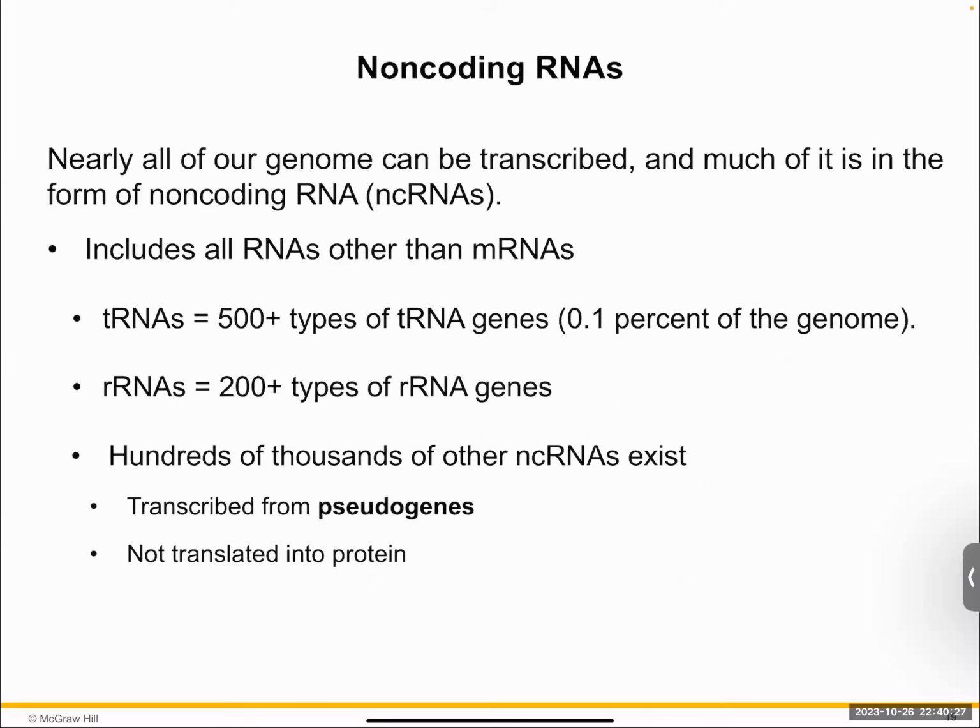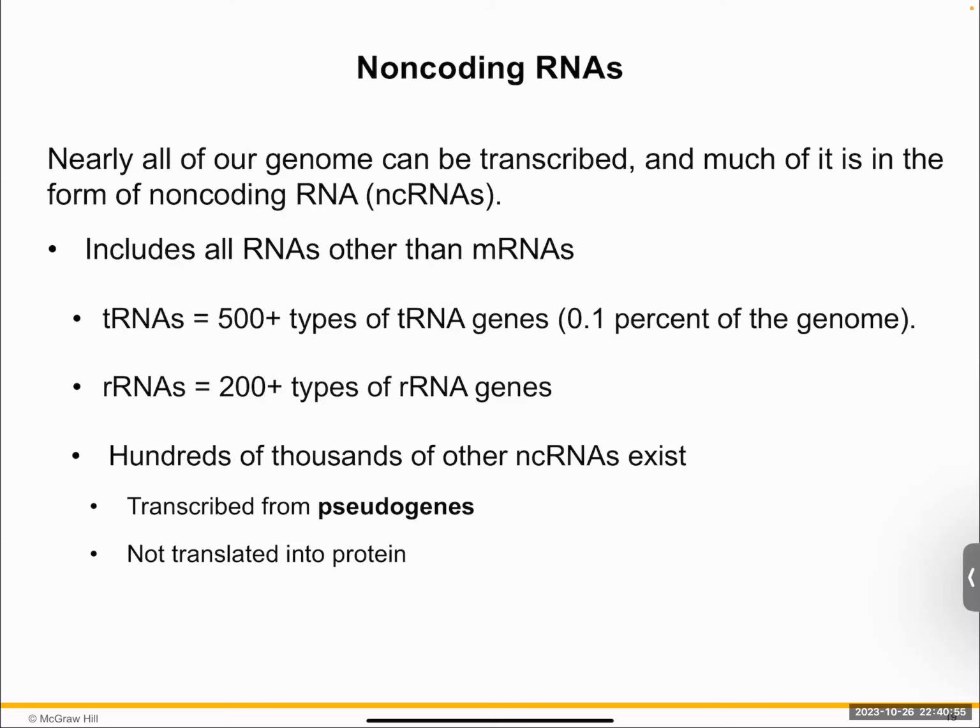Now, non-coding RNA. This is a good one too. Non-coding RNA just means that we have the whole genome undergoing transcription, which means the DNA is becoming RNA. But most of that genetic information is not coding for any proteins.